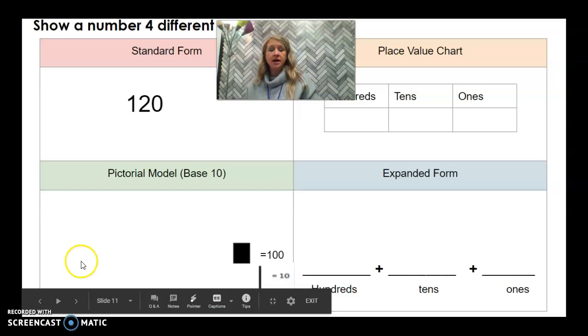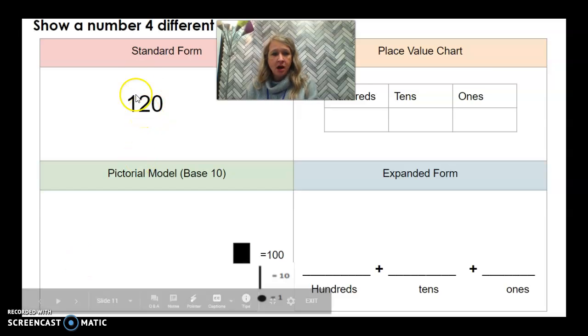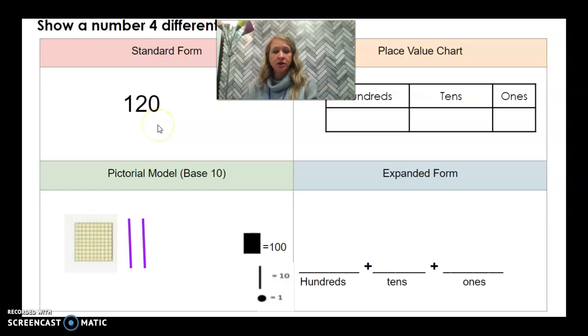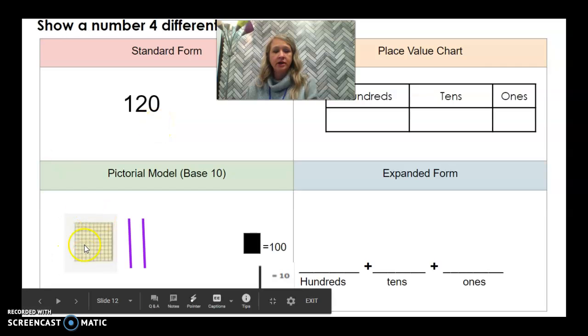You would draw 100. What about the 10s? How many 10s are there in 120? There's 2. And how many 1s are there in 120? 0. Very good. So your picture would look like this. 100, 2 10s, and 0 1s.